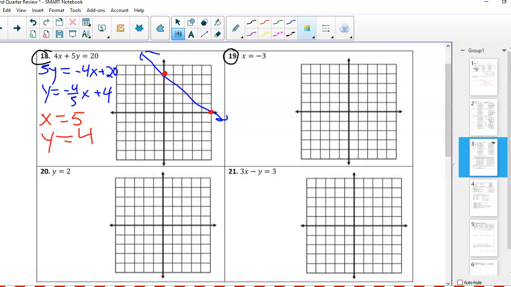For 19, how are we going to graph this? Or what do we need to use to graph this? Somewhere on this test, you should have written this at least once.